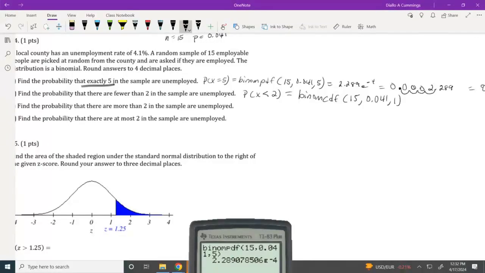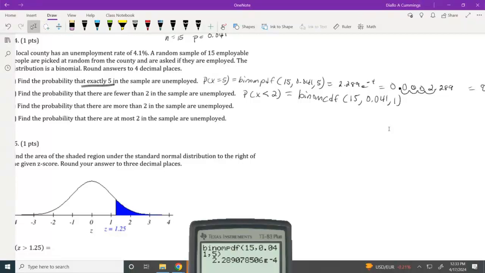Now, if it was 2 or fewer, then you would put in a 2 for your X value, right? But since you only want fewer than 2, you don't include the number 2 in this. You don't subtract, because the CDF gives you everything to the left, or everything lower than the number you're dealing with.